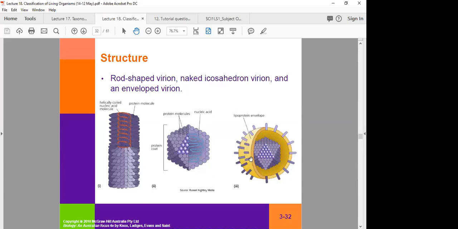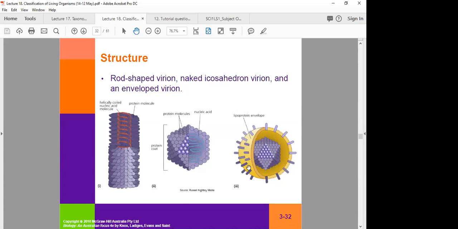And that's because this virion has hijacked this membrane from the last cell that it infected. It's taken a little bit of the plasma membrane of that cell, or a little bit of the membrane from the endoplasmic reticulum or from the nucleus. So it's basically stolen this membrane from a cell.